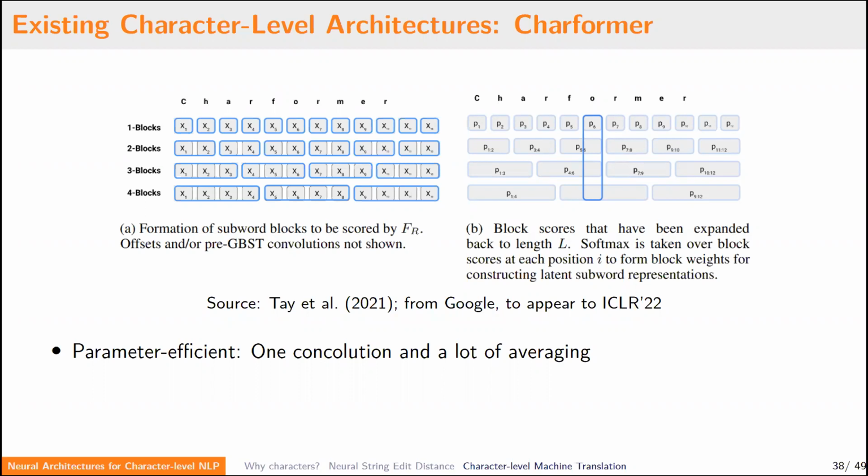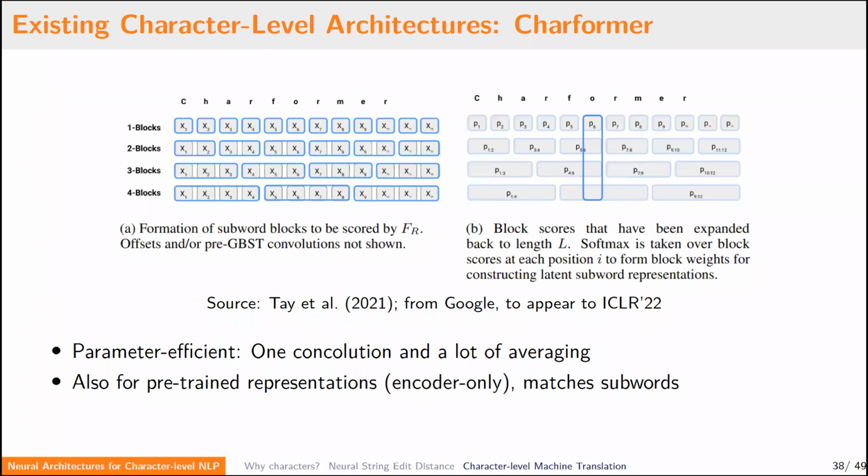And they do blocks of size 3, which means they take three neighboring embeddings and average them. Once they have these averaged blocks, they average them along the orthogonal axis, and this is how they arrive at locally contextualized character embeddings. Then they do max pooling to get a shorter sequence again.